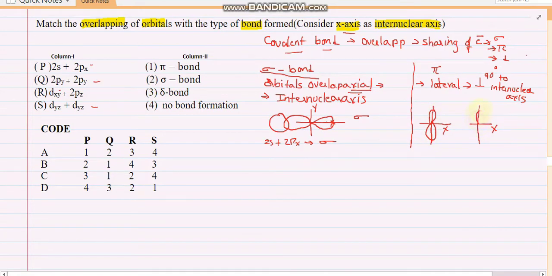Along the y-axis you have an orbital on each atom, and both the y orbitals are going to overlap. The y-axis is perpendicular to the internuclear x-axis, so it results in the formation of a pi bond. So the 2py combination will be a pi bond combination.